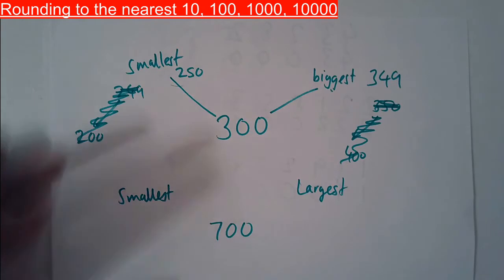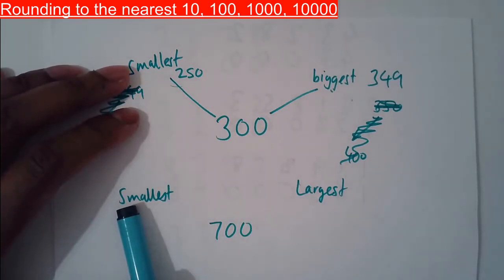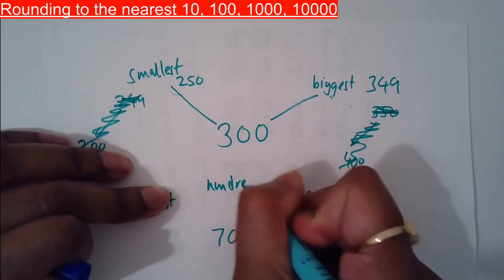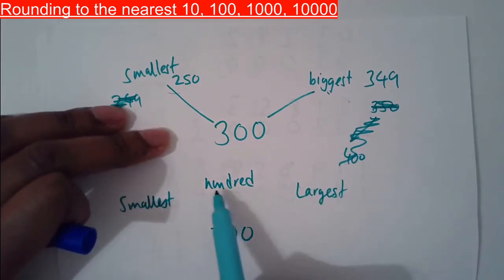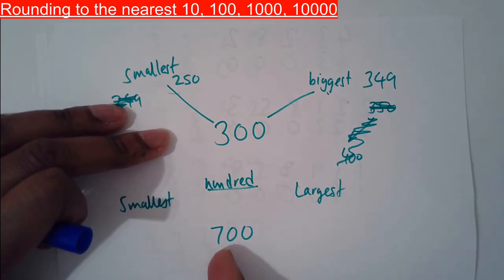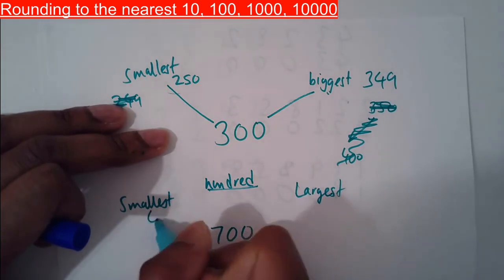So here's a little trick to find the largest and the smallest possible numbers that would round to the nearest 100 to give you 700. Right, think about 100. Half of 100 is 50. So you take away 50 from this one to get the smallest one.